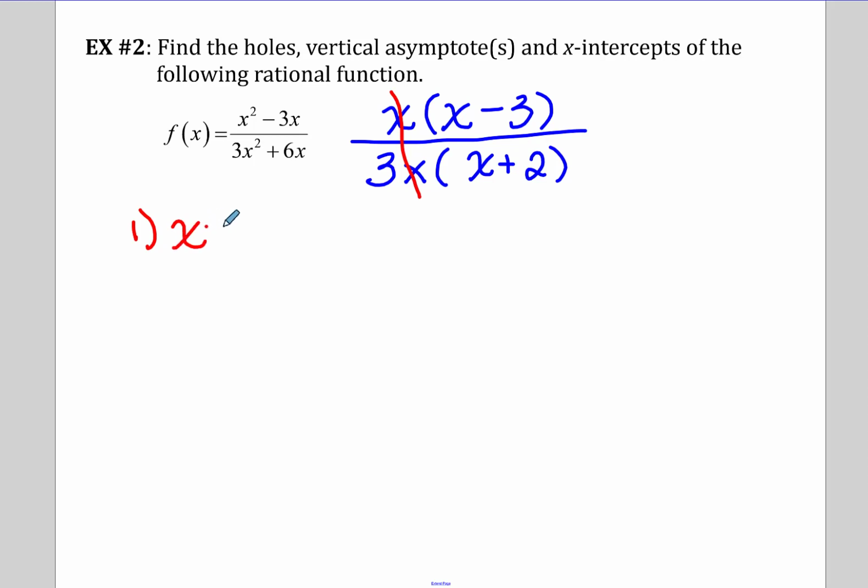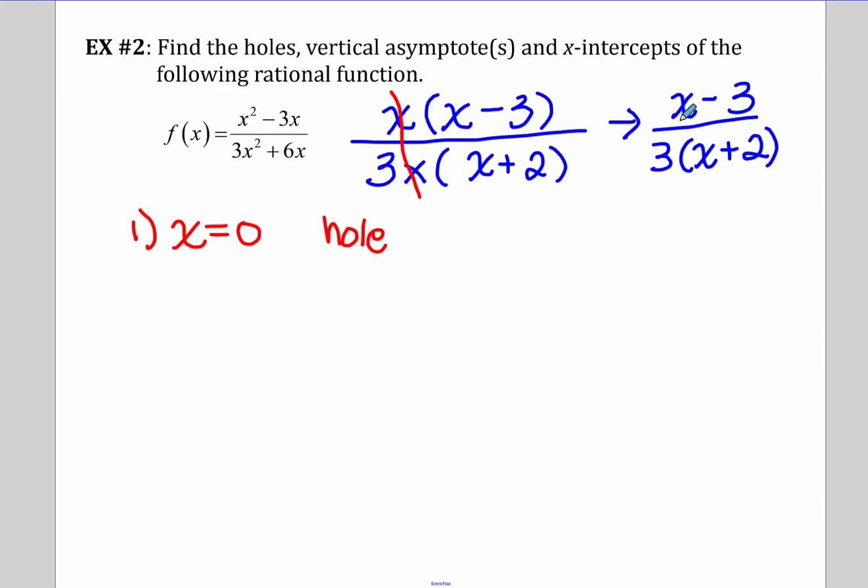When x is 0, it was common to the top and the bottom, and that's going to make a hole in the graph. Now, how do you find where the hole is located? Well, you have the simplified form, x minus 3 divided by 3 times x plus 2.